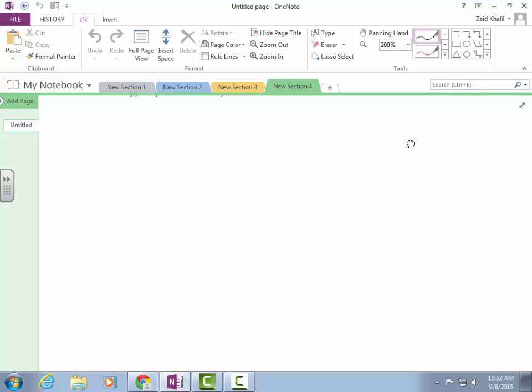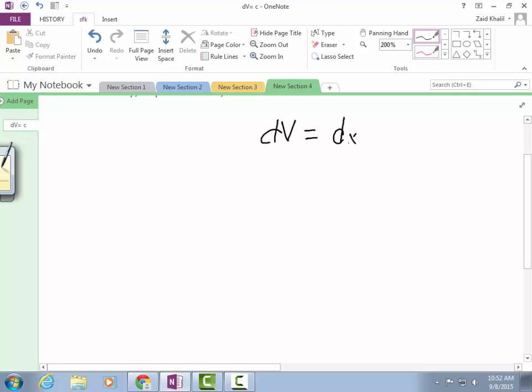The first one's obvious: Cartesian. What would that look like? That's right. It would look like a cube, dV equals dx dy dz, just your straight up cube. And this would be dx, dy, and that's dz.